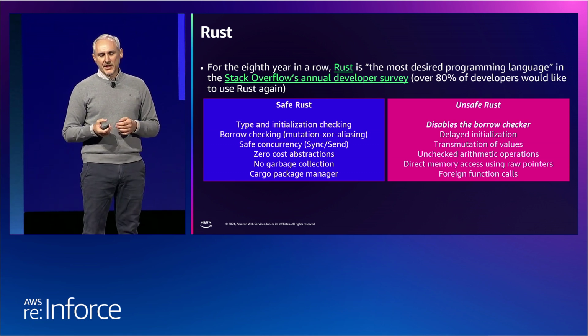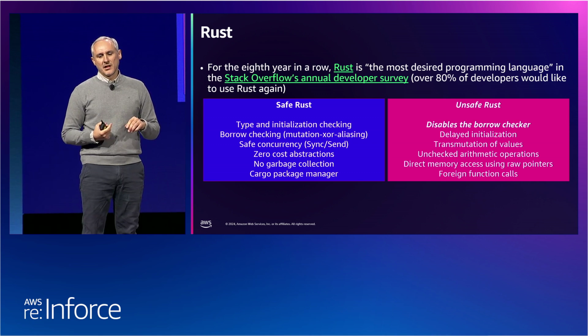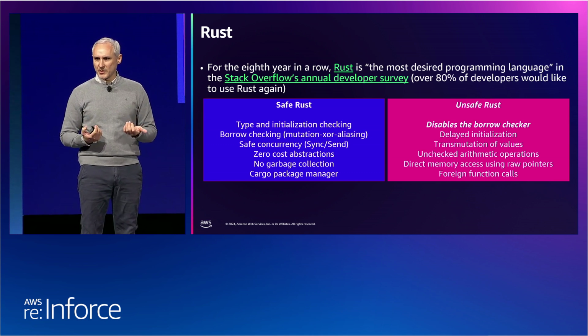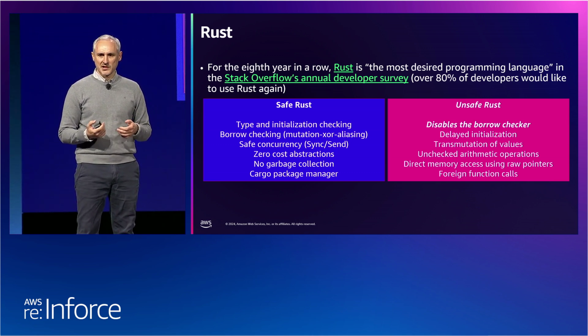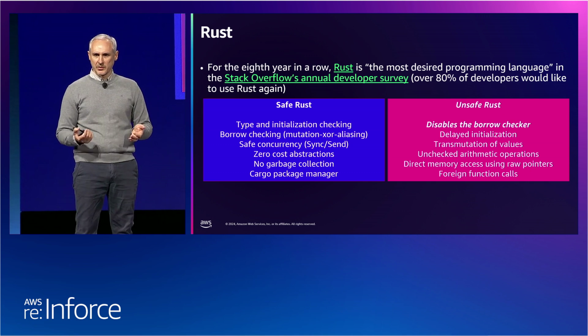Unsafe Rust lets you disable the borrow checker. It lets you do delayed initialization of memory. It lets you cast values in place. It lets you do unchecked arithmetic operations that can potentially overflow, so you have to ensure that there's no overflow when you do such operations. It also lets you access memory directly through raw pointers.